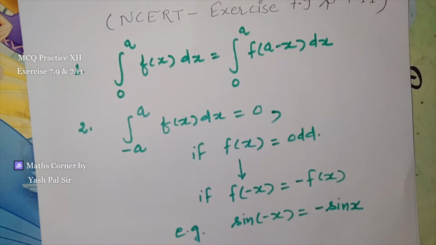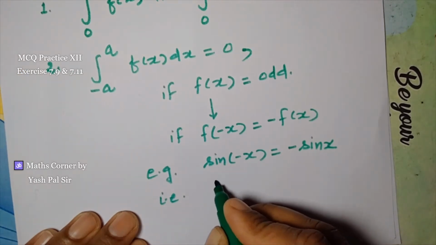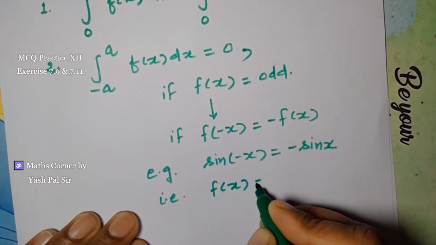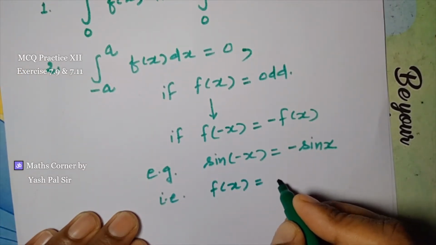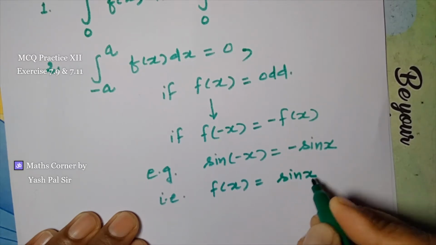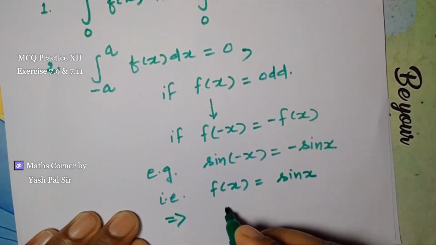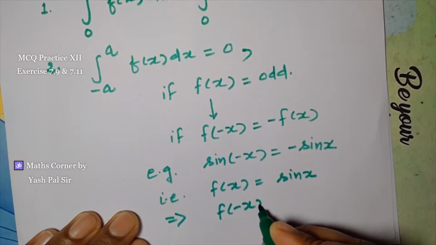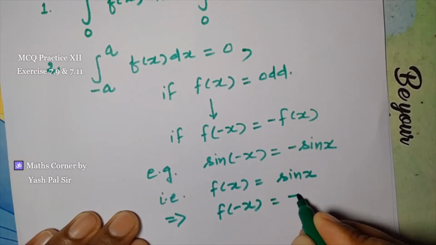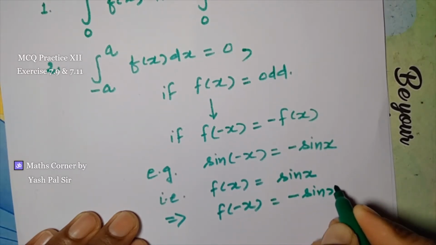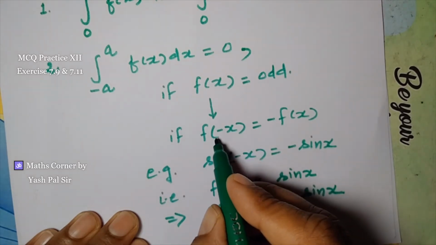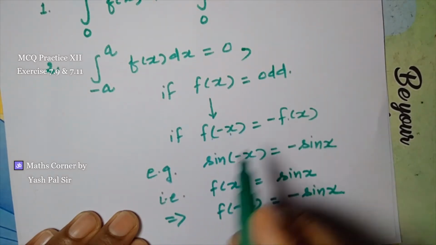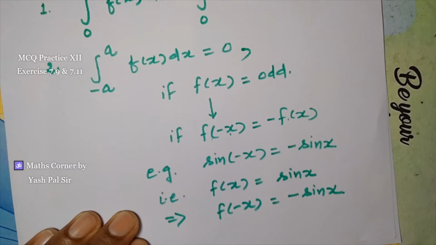So sine x is an odd function, right? If we say f of x is equal to sine of x, then f of minus x is equal to minus sine of x, that is, f of minus x is equal to minus f of x. So sin x is an odd function.